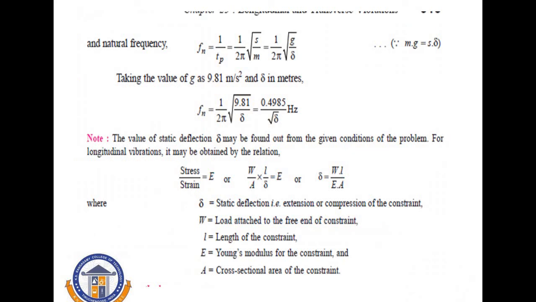From the strength of materials point of view, you have different types of beams, like simply supported beam, cantilever beam, overhanging beam, fixed beam, and many more. For those, you have a set of equations already derived in strength of materials for static deflection. Either you can use the equation or you can find delta experimentally from the setup. Then that delta value can be used to find the frequency of the system.